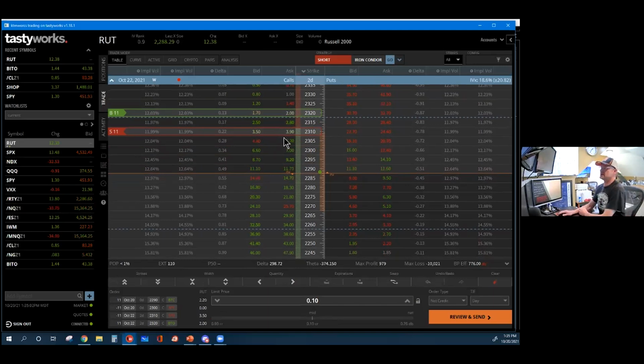But the point is that you rarely get this. You rarely get this on a 0 DTE. We rarely get the ability to roll out and up and at a credit without adding any additional buying power. I don't remember the last time that I've seen one that we could do that with, but I do remember.